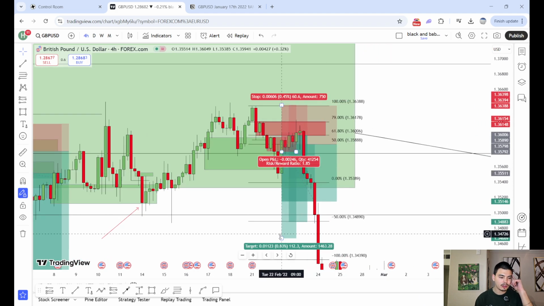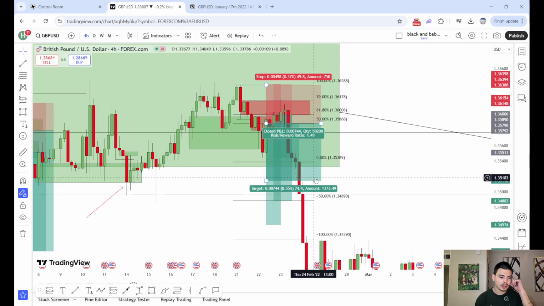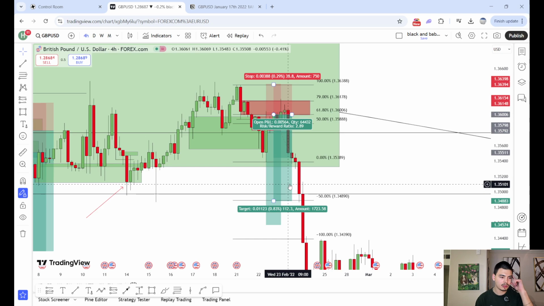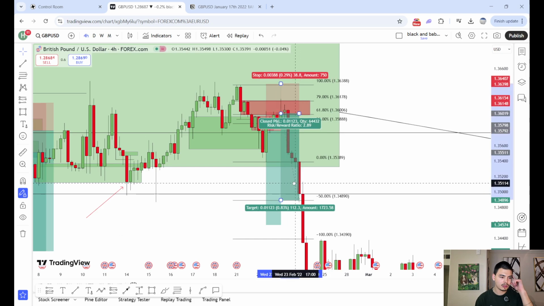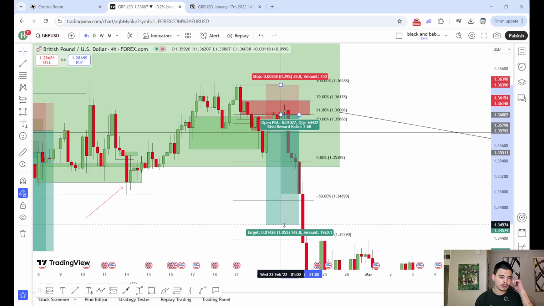Anyways, so if we targeted a 1 and 2, you can see that our take profit was hit. Why is there so many entries here? Let's get rid of this one. Take profit 2.